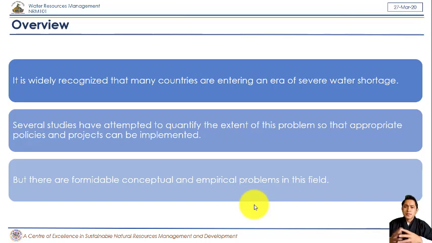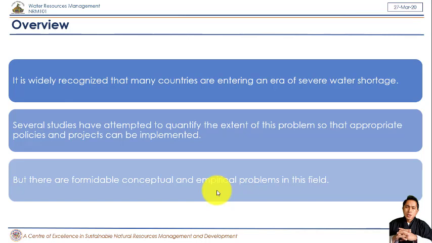And again, lots of researchers, lots of experts have come together with lots of concepts and empirical ways to solve this problem, but none of these are seen as one of the best ways in order to solve the water issue throughout the world.